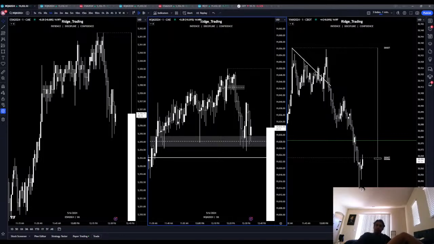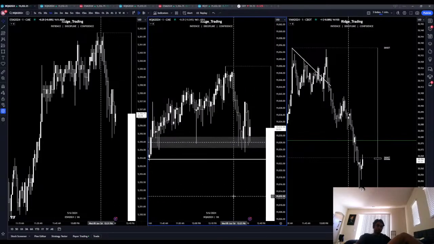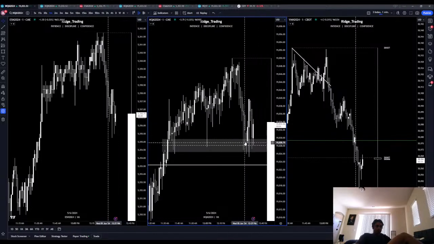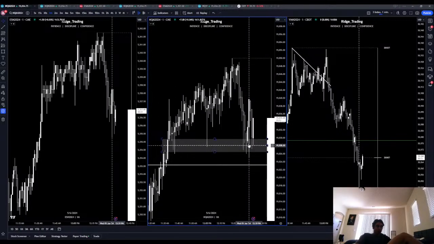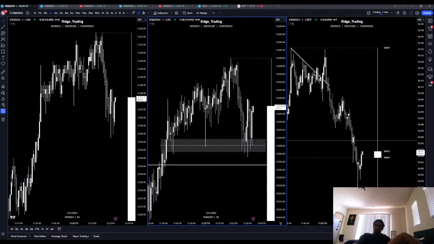Bullish till proven otherwise, guys. Stay still bullish here. As long as this holds, this is most likely a manipulation leg for higher. It looks like it's going to hold.